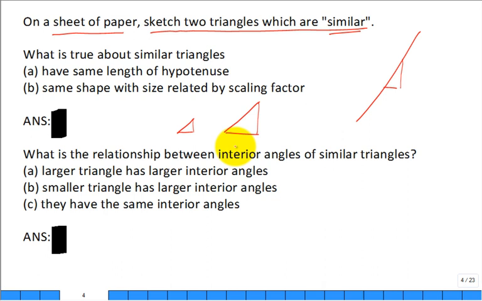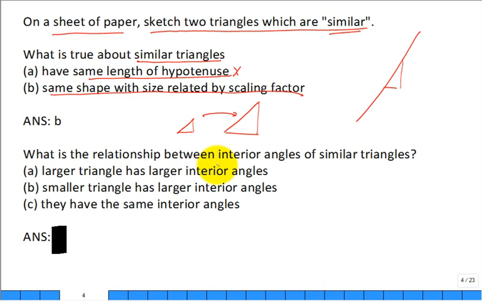And so what is true about those similar triangles? They have the same length of the hypotenuse? No. They have the same shape with the size related by a scaling factor. You multiply or divide to get the other scale. You shrink it, stretch it, but it has the same shape. So the correct answer is B.